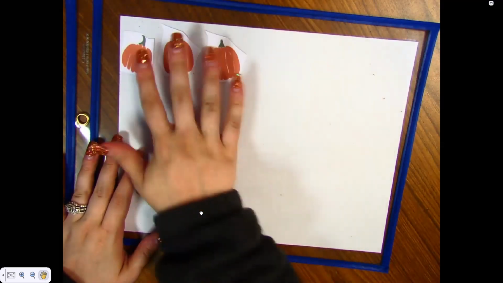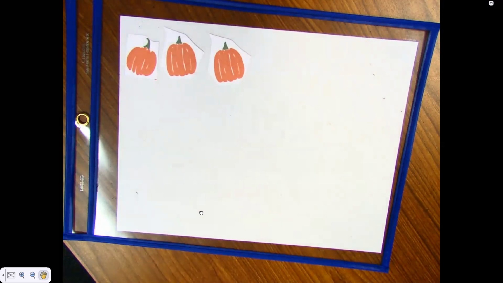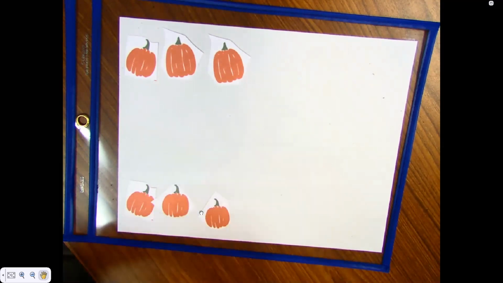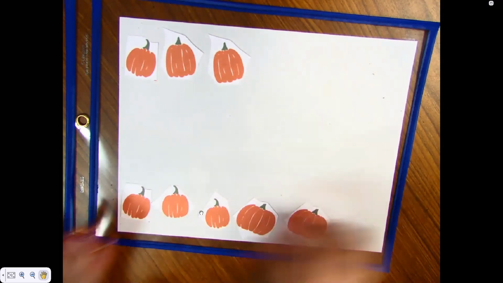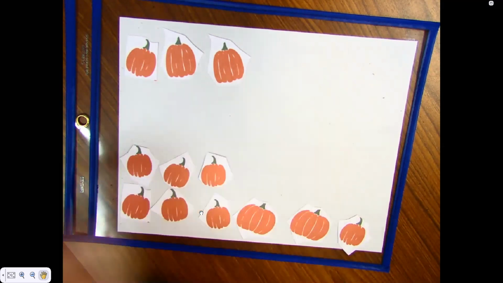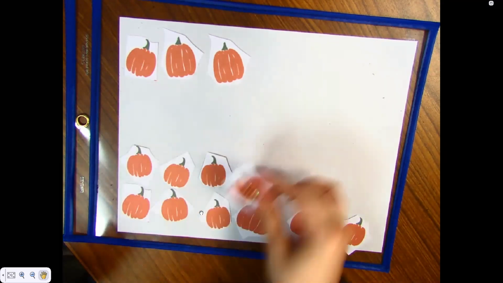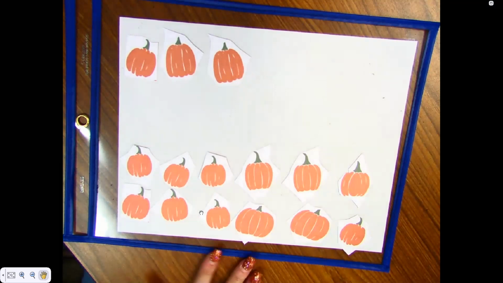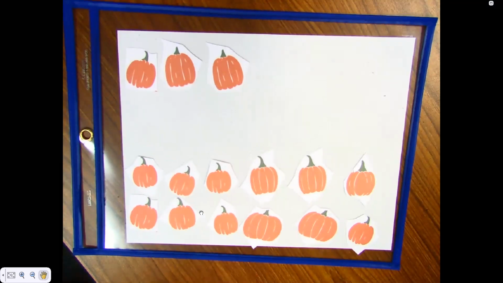I have 3 pumpkins, okay? I have 3 pumpkins. Miss Morrow has 12.